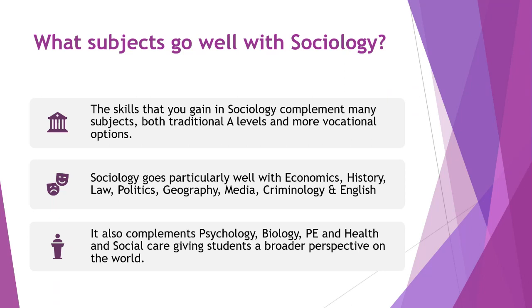Psychology is also a very popular subject which works well with sociology, primarily because we're looking at human behaviour, but also because of the research methods, how sociologists and psychologists research people's behaviour. You will find a lot of commonality in those areas. I will now pass you over to Manish.